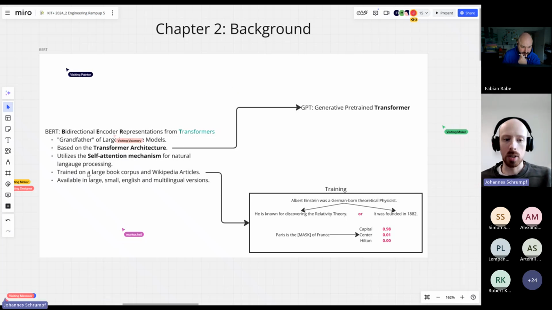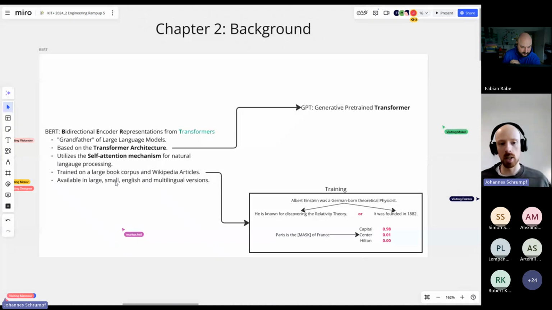And BERT, as a model, is trained on a large book corpus and Wikipedia articles, and it is available in many different versions. So there's a large version that is just a bigger model. It's available in the small version, or a basic version. It's available in English, and it's available in a multilingual version. And there's also a BERT network that is specifically trained on German.